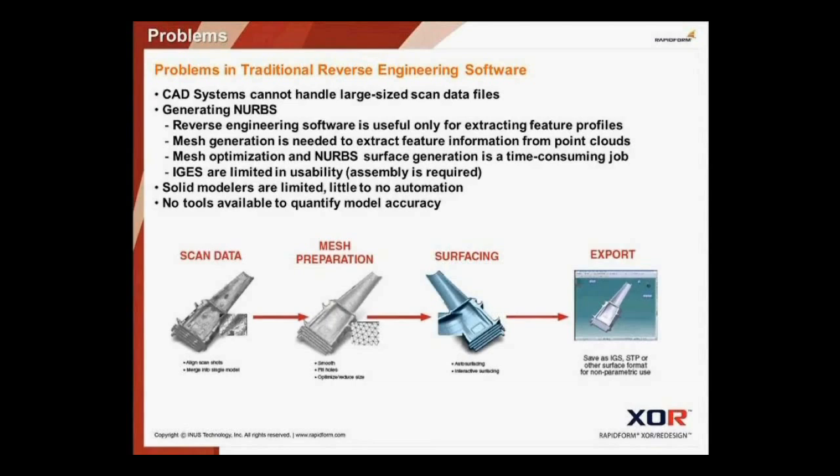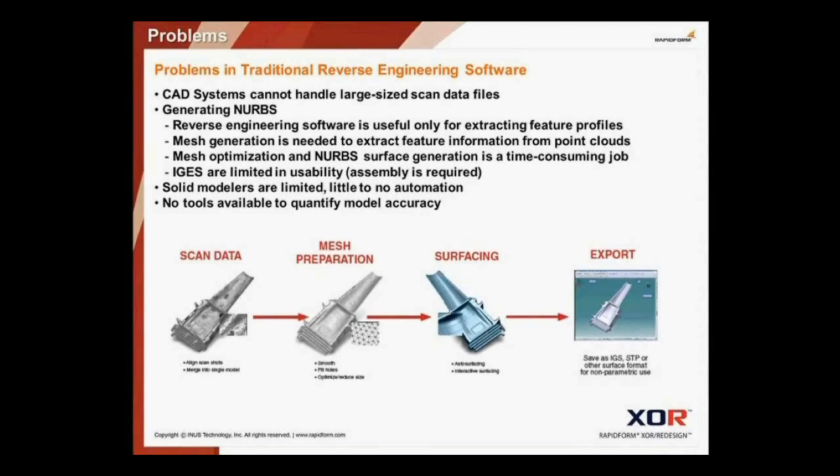And mesh optimization is actually the most time-consuming job. Then the IGES file format, or the STEP file format, a neutral file format, is limited in usability. If you need to assemble multiple parts, this is a very tedious, difficult way. And solid modelers are limited, so there is no automation. You cannot detect, for example, patterns or something like that. You have to do everything manually.